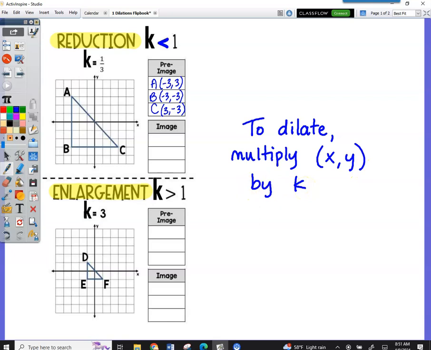All right? Which means, I'm going to draw an arrow to say, that means you're going to have k times x and k times y. Now, what is k here? K is 1/3. So we're going to multiply 1/3 with every single one of these numbers to get our A prime, B prime, C prime.